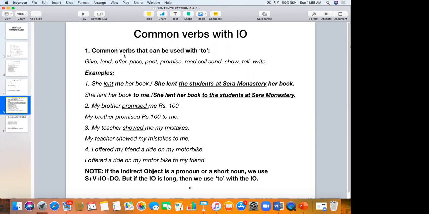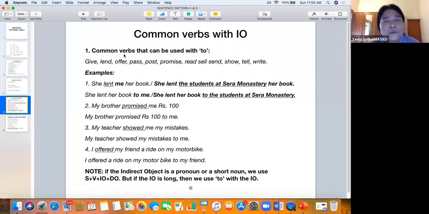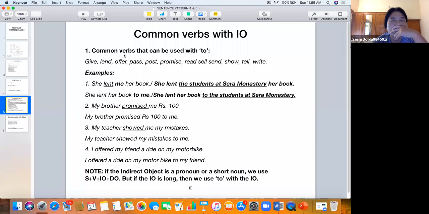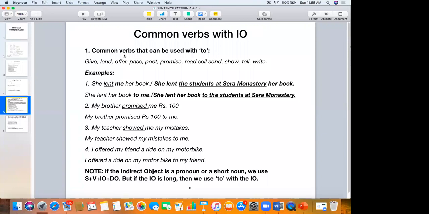I post Facebook a photo. I post a photo on Facebook.